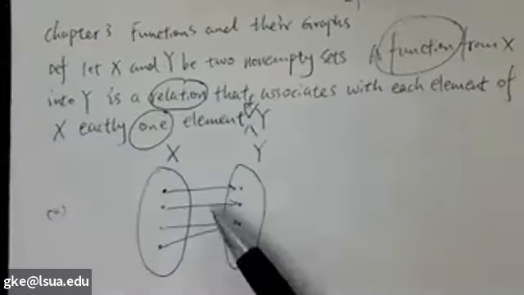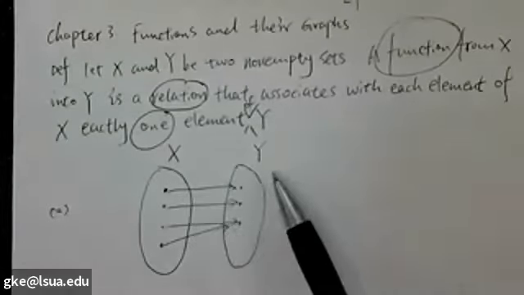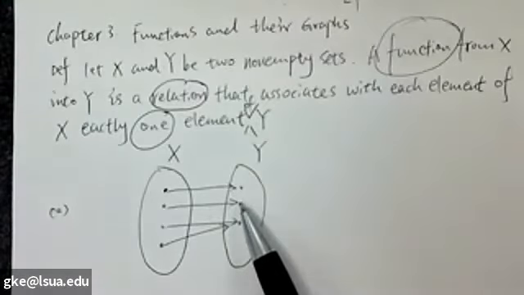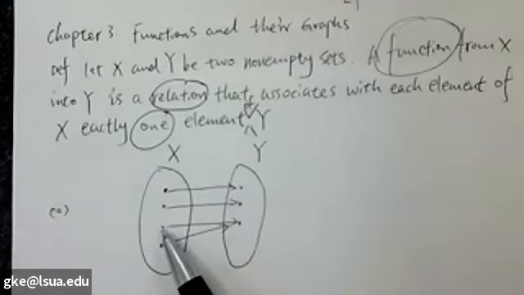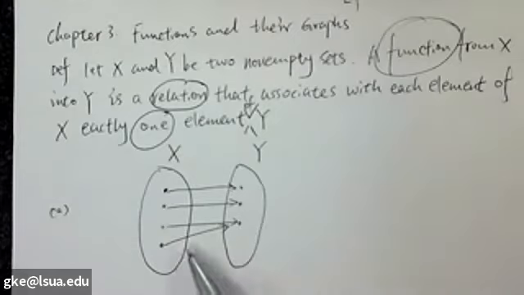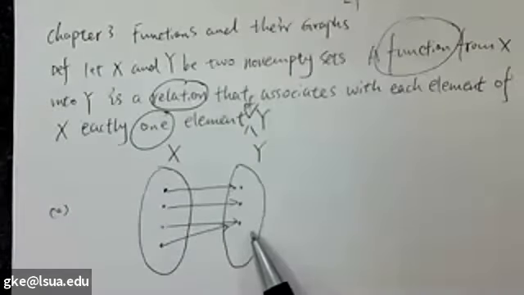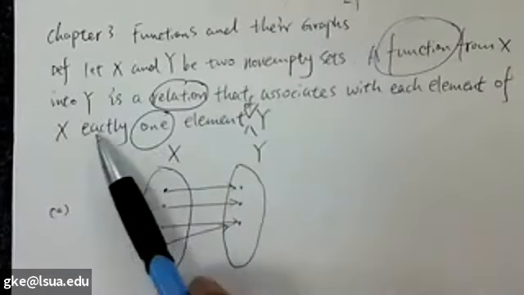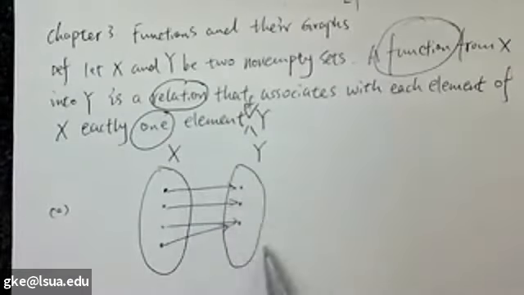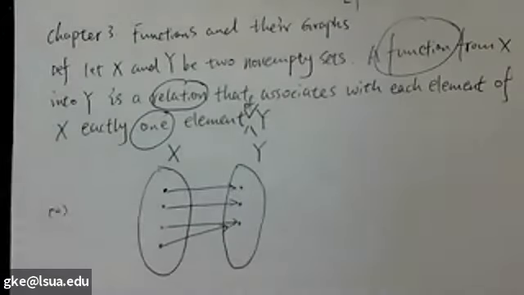For example, this element corresponds to this element in Y, this element corresponds to this element, and this element corresponds to this element. So each element in X has exactly one element in Y. Okay, now let's take a look at another case.